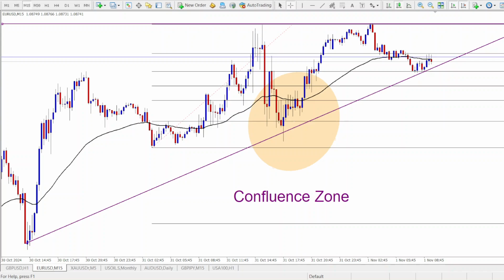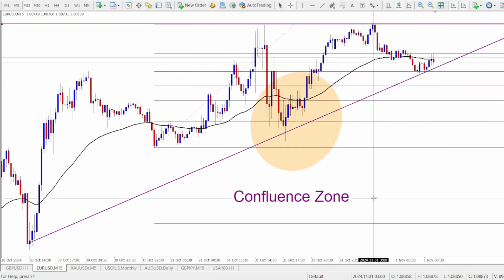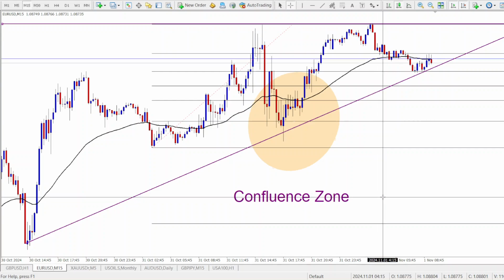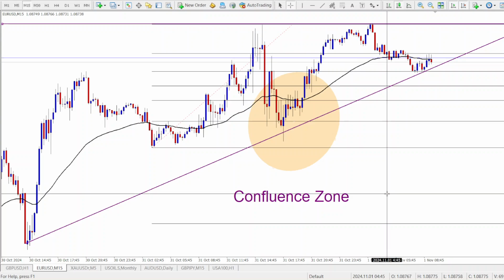Now let's get into how to use confluence zones with any other strategy, because confluence zone is a concept on its own. It's not exactly a strategy, right?